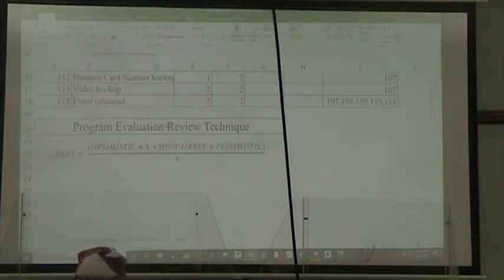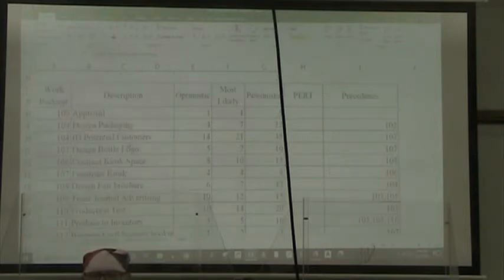Okay, well, gosh, that seems like a pretty simple formula to me. All right, so I come down here and we're going to do our first work package, approval. The optimistic time is 1, the most likely time is 1, and our pessimistic time is 3.